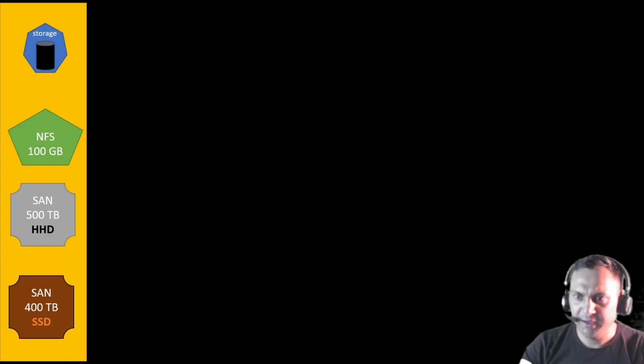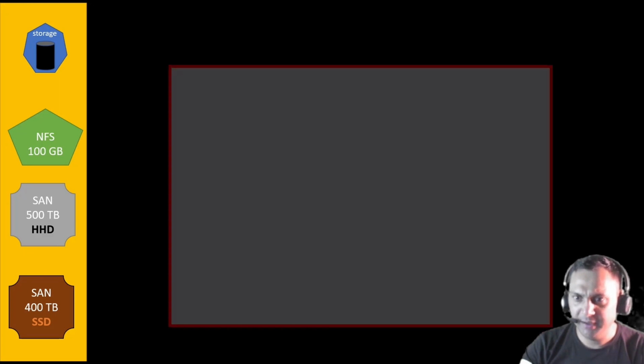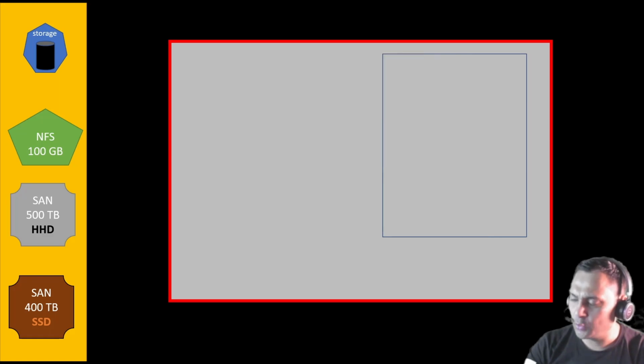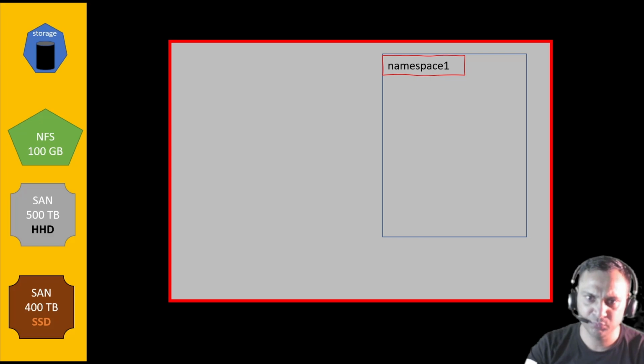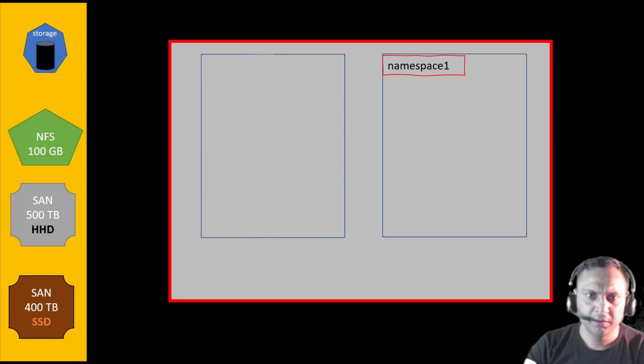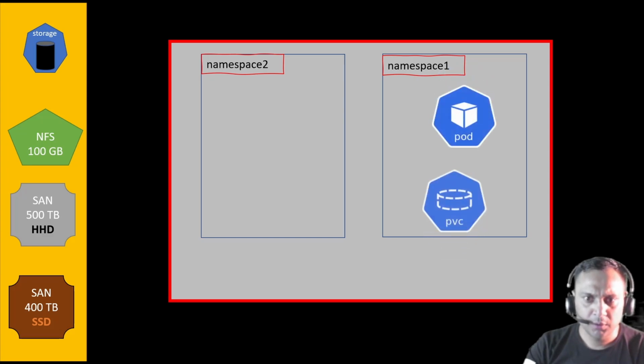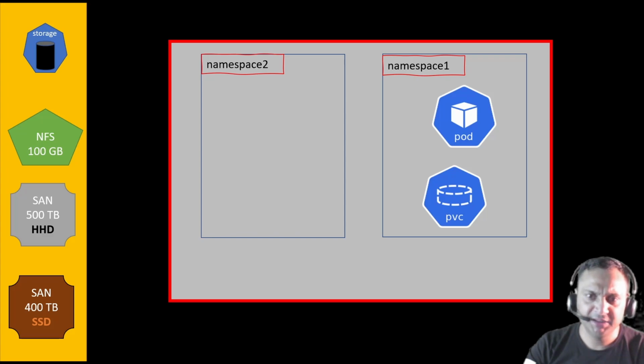So what we understand is that persistent volume is not namespaced. It means that persistent volume will be available to the entire cluster. This is my Kubernetes cluster, and inside this cluster I have one namespace called namespace 1, and the second is namespace 2. We can create the pod and also create the PVC inside the namespace, and we can link it like this.